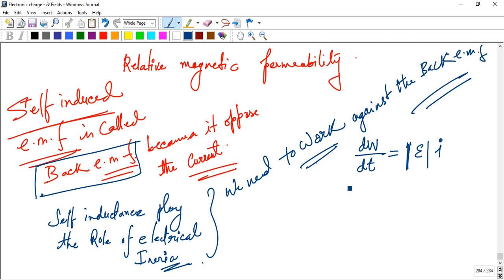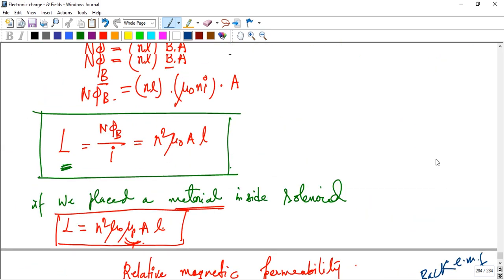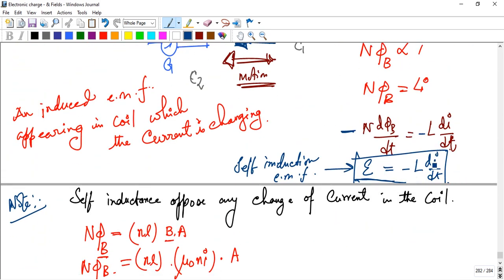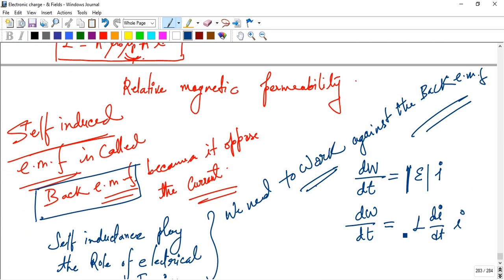So dW by dt equals EMF, which is L dI by dt, times I. From here EMF equals minus L dI by dt, but we take the mod value, so the minus is ignored here.